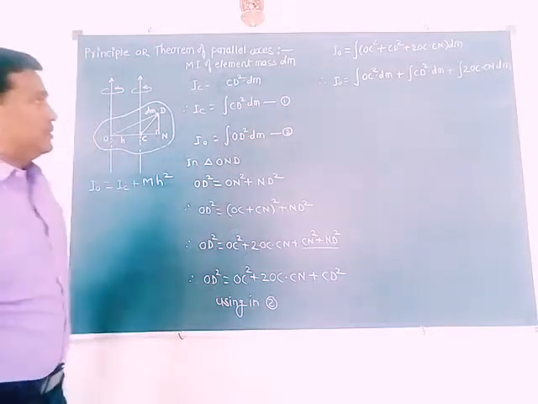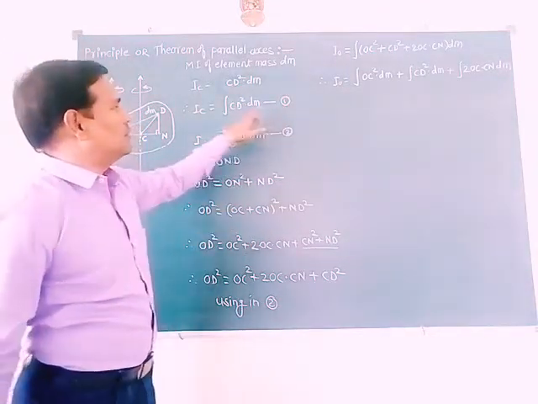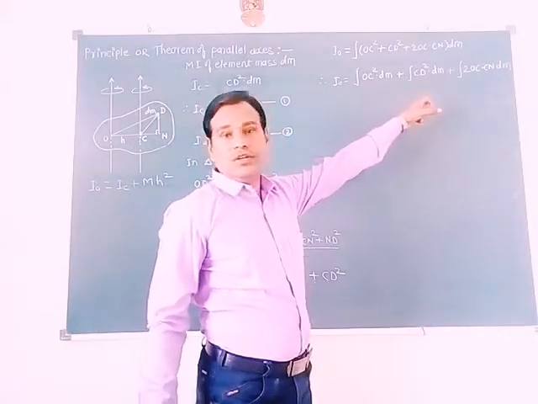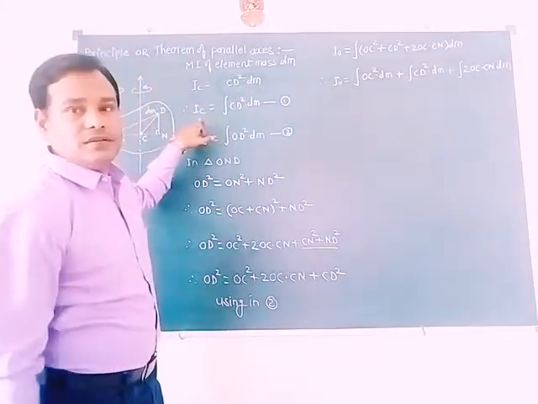Now see carefully. From equation 1, instead of the integration of CD square into dm, we can write IC.